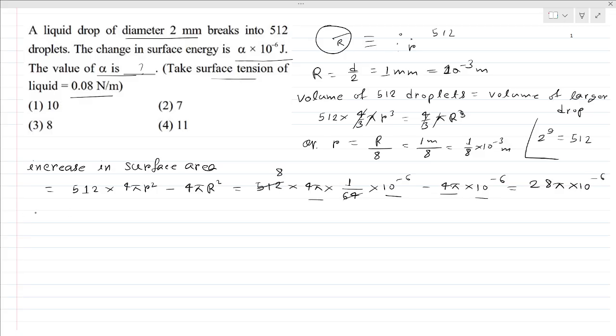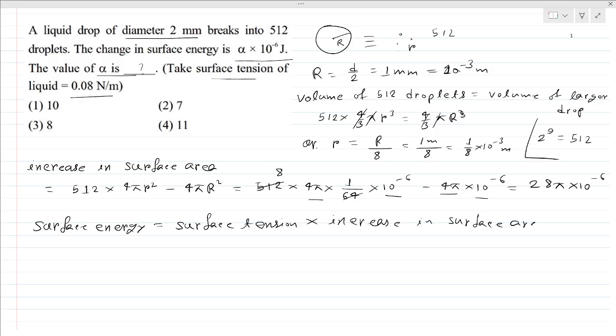So as we know, the surface energy equals surface tension multiplied with the increase in surface area.